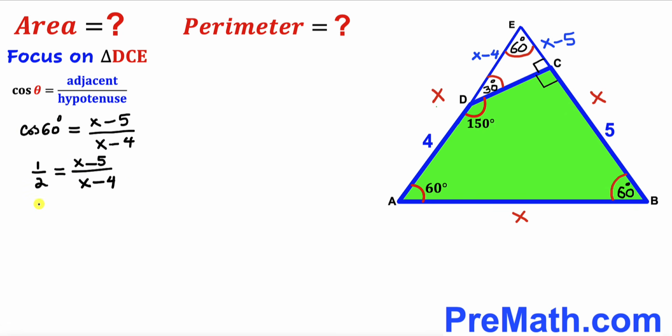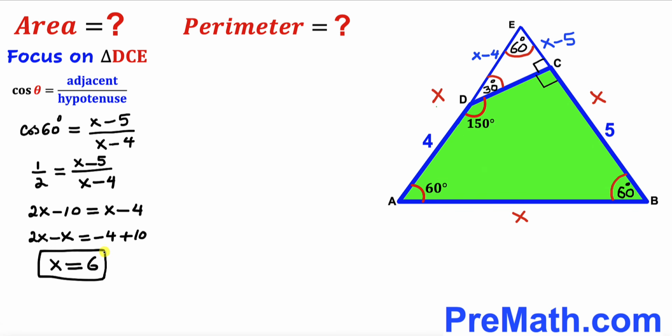So we end up with 2x minus 10 equal to x minus 4. Now I'm going to move this x to the left-hand side, and at the very same time move this negative 10 in the opposite direction. If we simplify, we get x equal to positive 6 units.